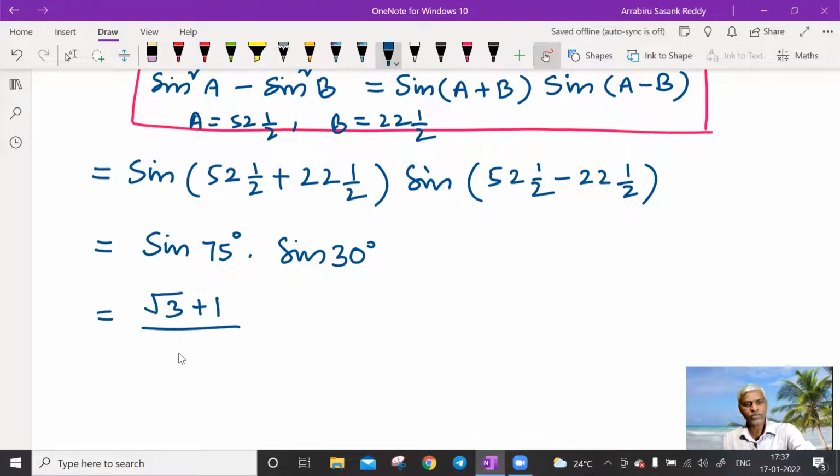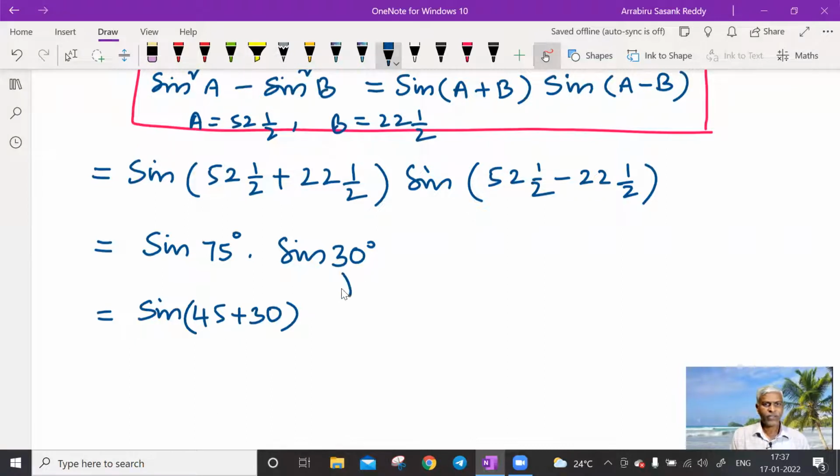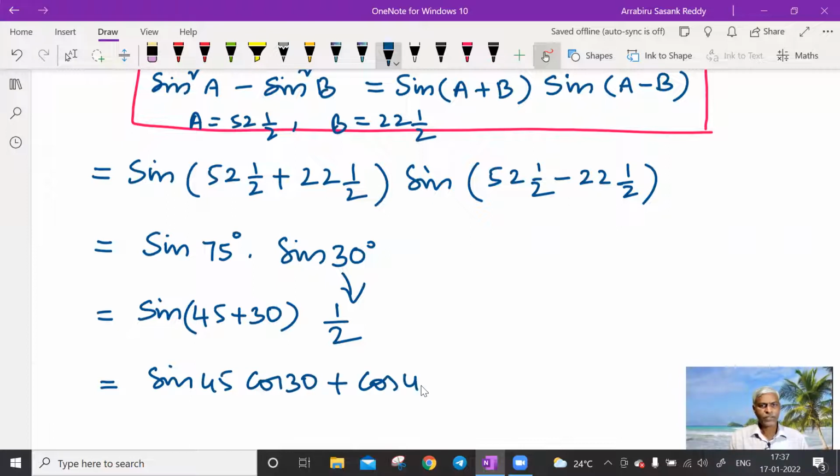Otherwise, we can do it again: sine 45 plus 30, and the sine 30 value is 1 by 2. Sine A plus B is sine A cos B plus cos A sine B, into 1 by 2.